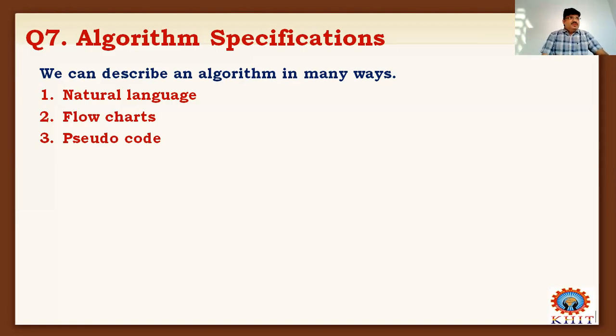You can show the algorithm graphically with the help of flowcharts. So this is another algorithm specification. But flowcharts can be used to solve small programs only, whereas natural language also supports small programs only.